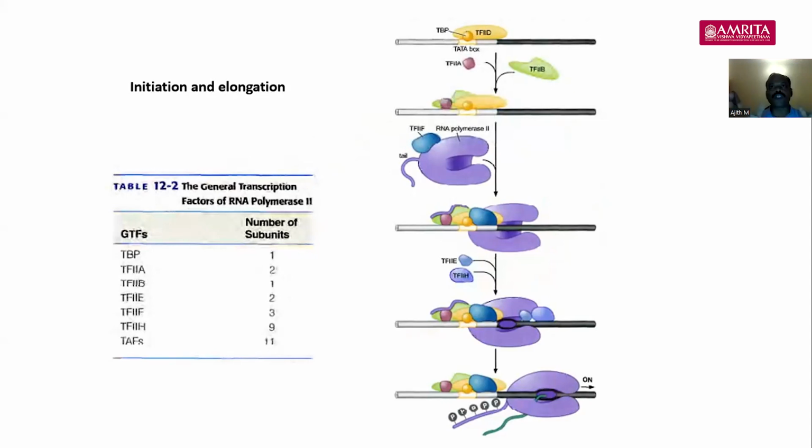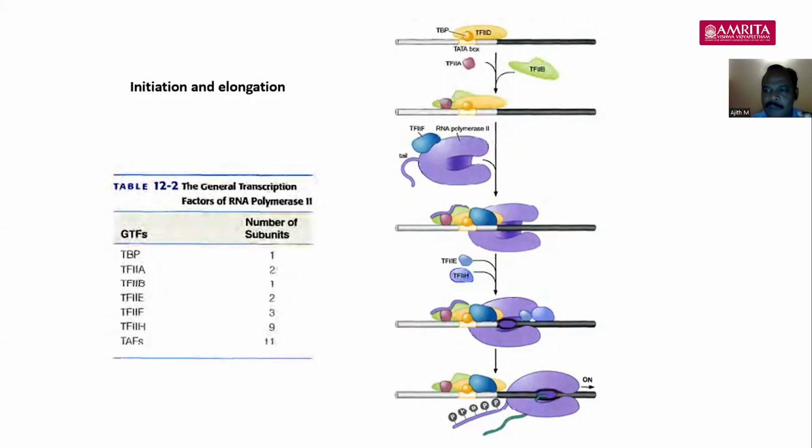You understood what is the structure of the promoter. The polymerase goes and binds to it through a sigma factor. Once it is bound, the closed complex, when the DNA is not melted, the closed complex becomes an open complex. When the closed complex becomes an open complex, now elongation begins.